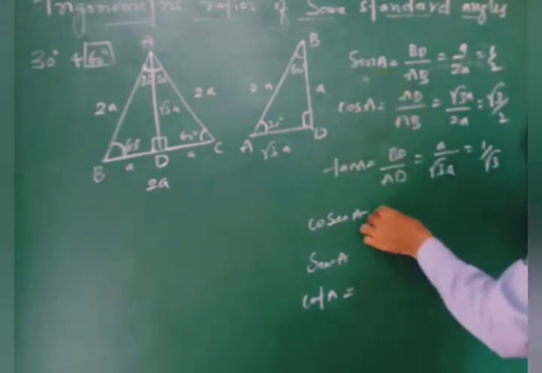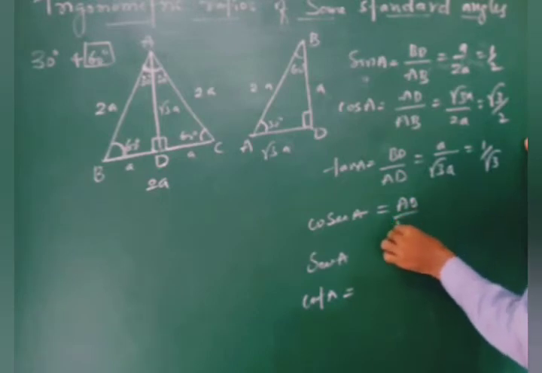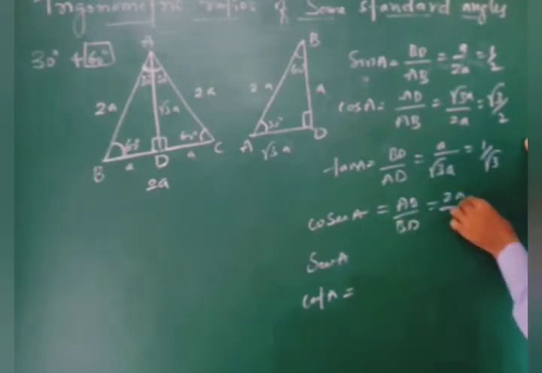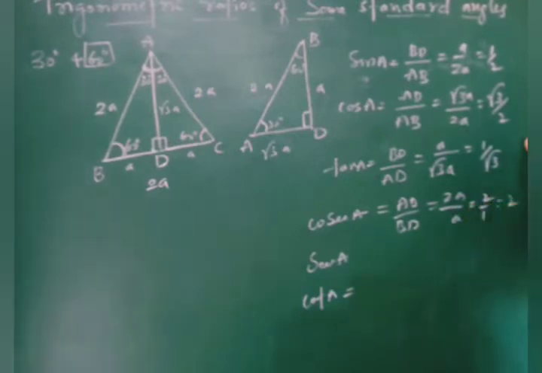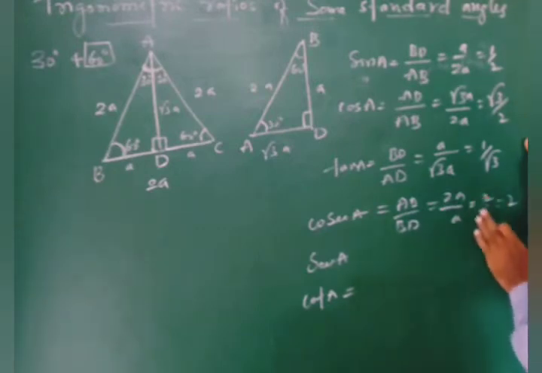Sine A reciprocal is directly we can write. Reciprocal is AB by BD, that is 2A by A, which is equals to 2 by 1, nothing but 2 only.